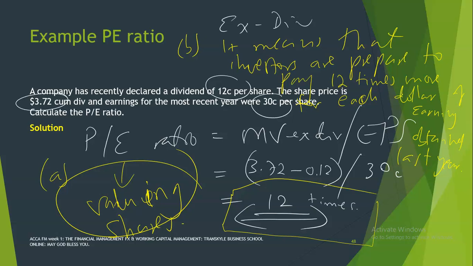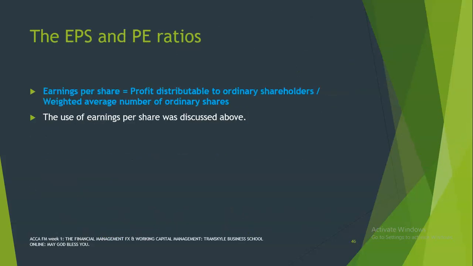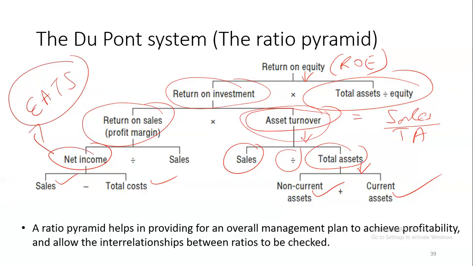Okay, let's then conclude our lecture with this aspect, the limitations of ratios. We have talked of ratios, right? Many ratios there, but I think we have not covered some ratios there.